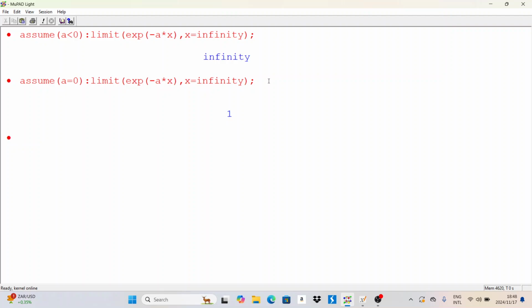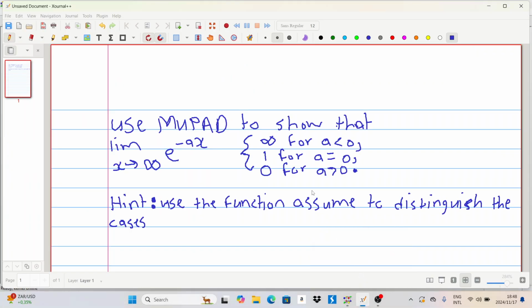Then we press enter and we get 1 as our answer, as expected, because x is approaching infinity. This x is equal to infinity because x approaches infinity. Okay, and then there's one more case, right? As expected, when a is equal to 0, we have 1 as our answer.